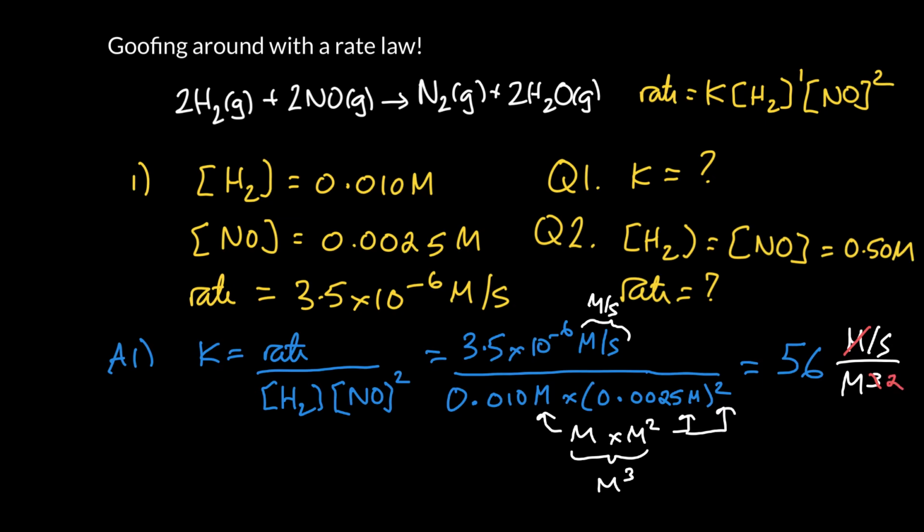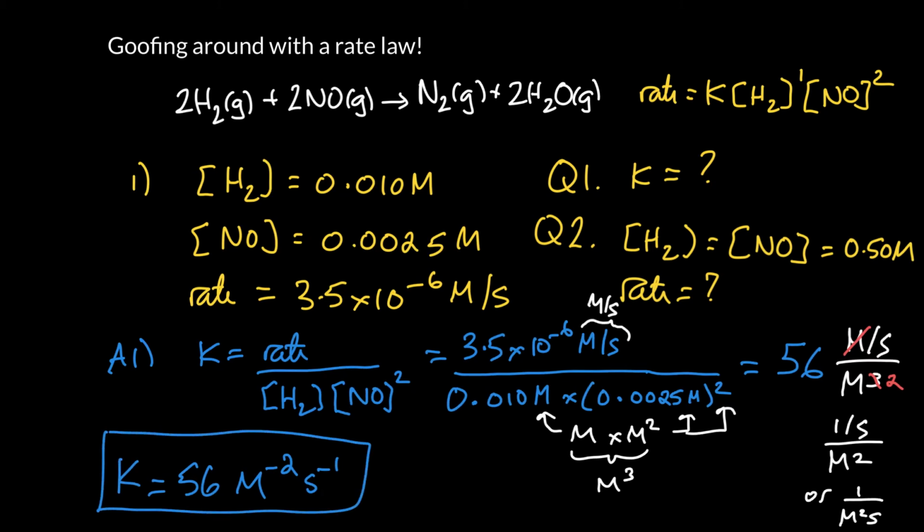So my units are going to be 1 over second divided by molar squared. And actually, I can just put the second down the bottom, so I can also write that as 1 over molar squared second. And actually, that's kind of ugly, isn't it? So I can write that as 56 molar to the minus 2, seconds to the minus 1. So that would be one way to write the rate constant.